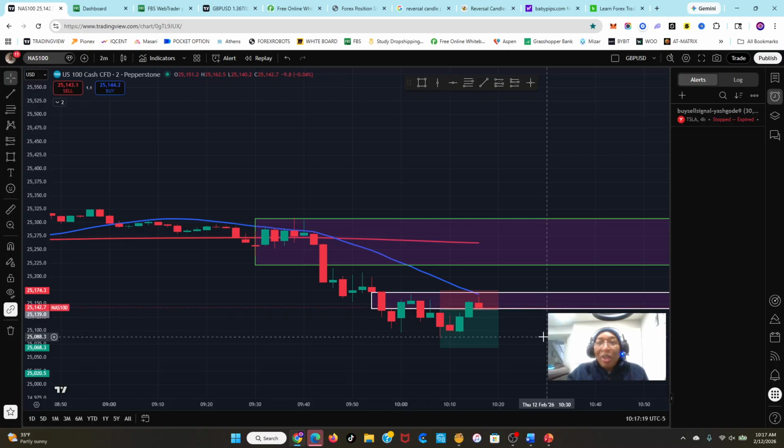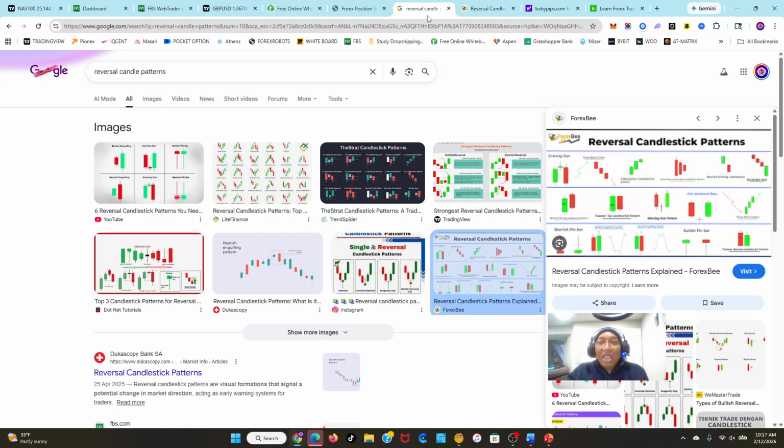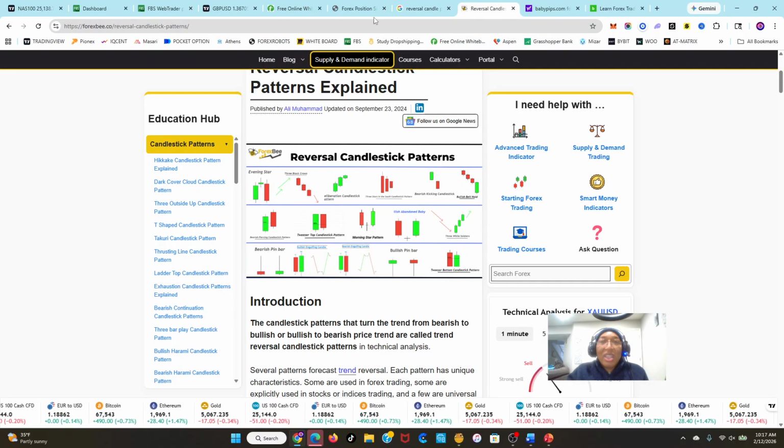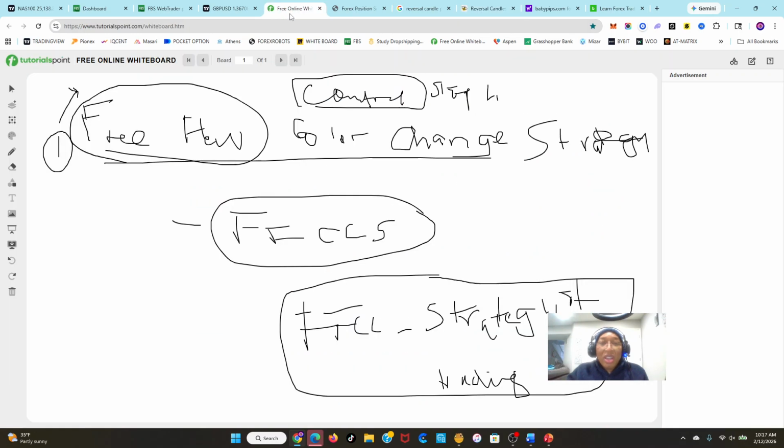There is another model. There's what we call 3 models. We trade 3 models of this strategy, not the free flow, but the 15-minute candle breakout strategy.